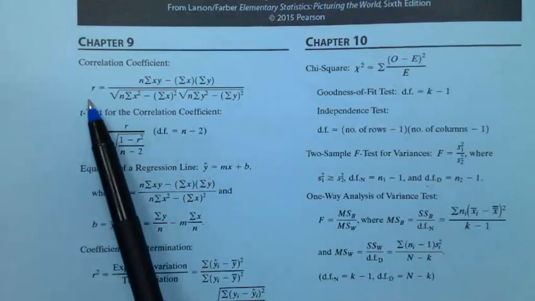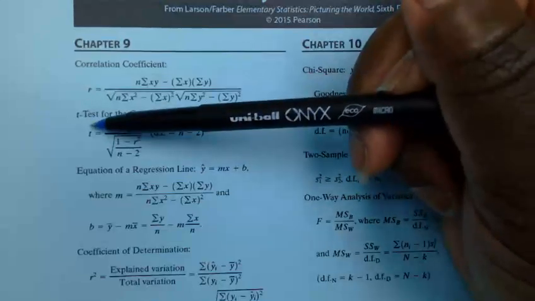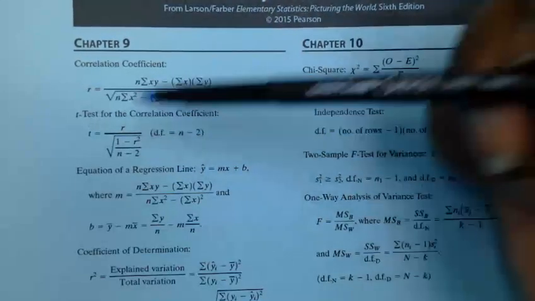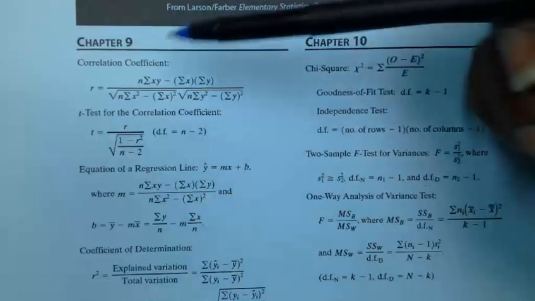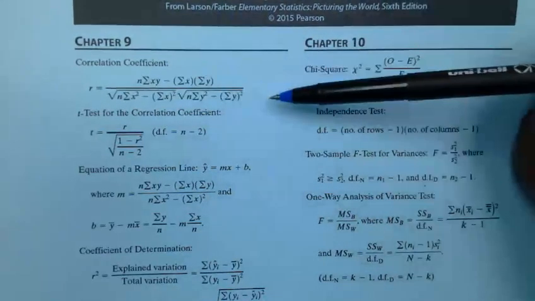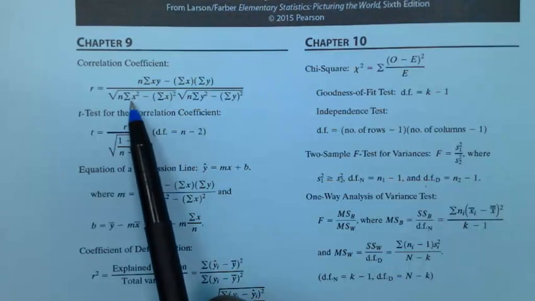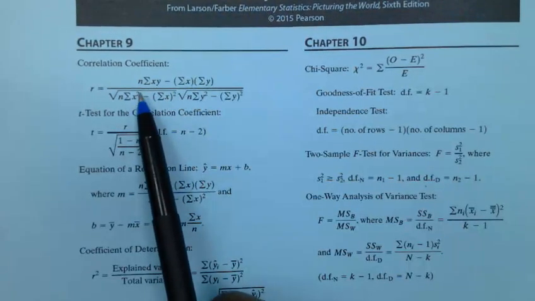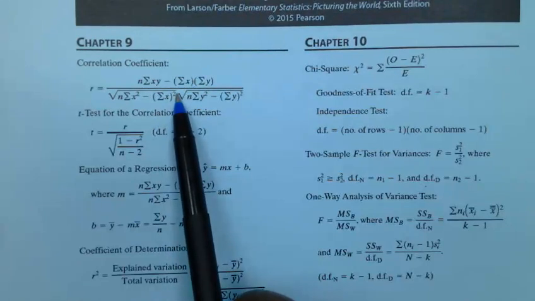R is in your calculator, and T's in your calculator when you run your tests. But if you want to know how to find R on your own, notice all these parentheses. Put them in the parentheses, because the sum of x squared is different from the sum of all the x's, squared.